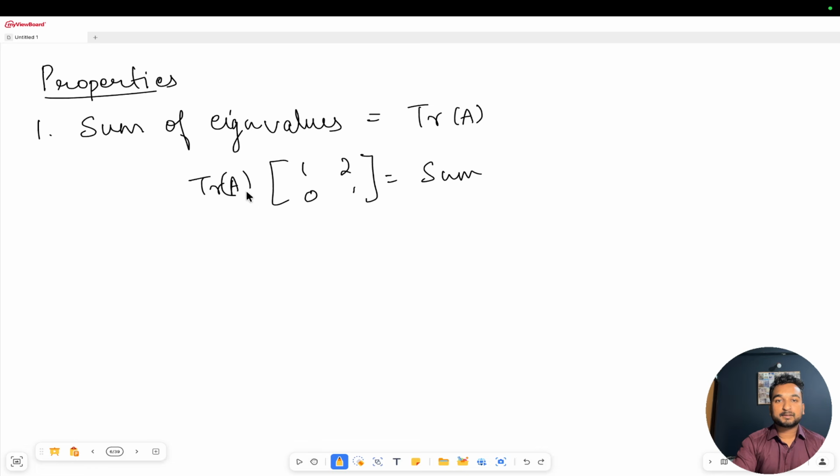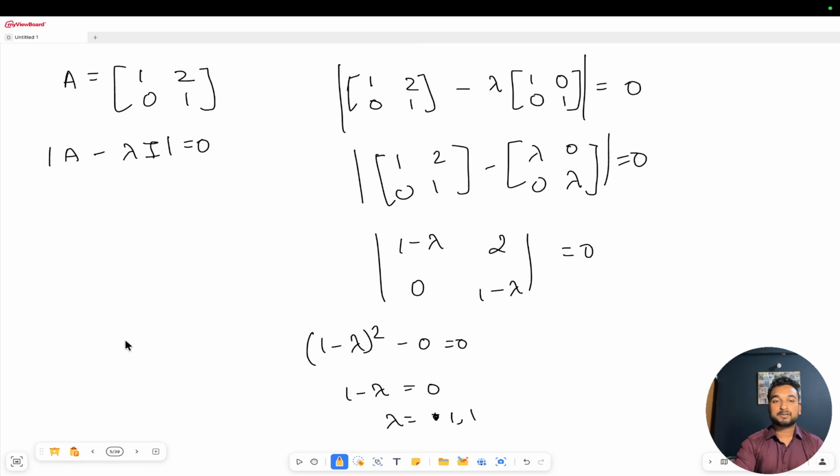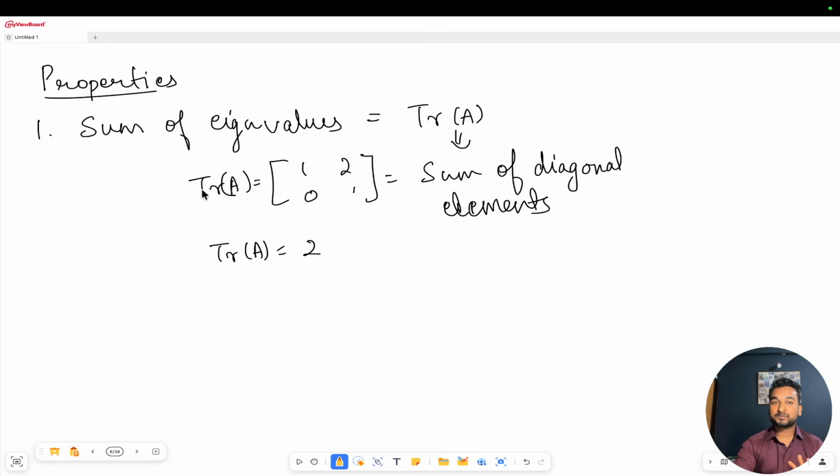Trace of A is equal to the sum of diagonal elements. So for this matrix, trace of A will be 1 plus 1, that is 2. In the previous slide you can see that our eigenvalues were 1 and 1. So the sum, lambda 1 plus lambda 2, will be 2. So trace is also 2. So this is proved: sum of eigenvalues is equal to trace of A.